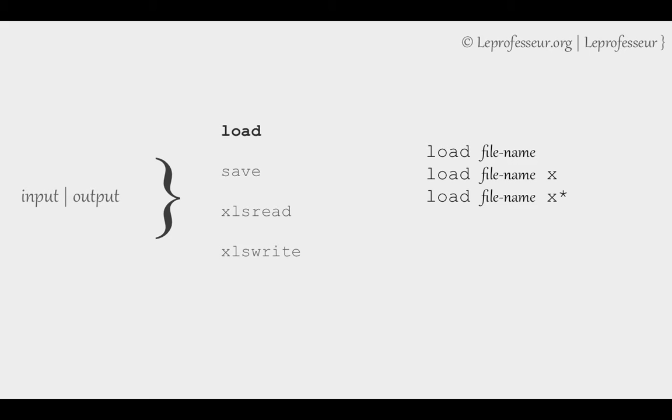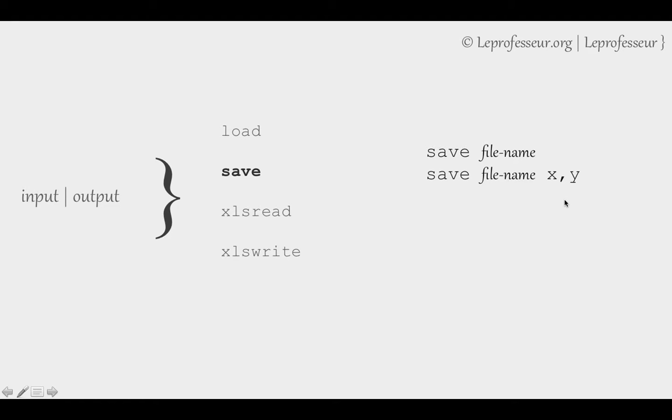The keyword load and then the file name, and it will load everything from that file. If you just want to load the value of the variable x from the file, you execute load filename x. If you want to load all the variables which start with x in a file, then you execute load filename x star.